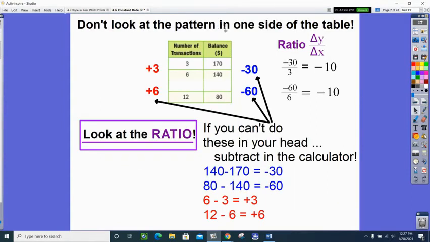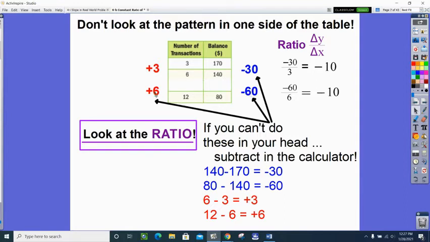Okay, so again, don't look at a pattern on the side because they could potentially take out and not have it go every 3 transactions. So the table could have looked like this. And in this case, notice you would have minus 30 and then minus 60. You go, oh, no, if I'm just looking there. But negative 30 divided by 3, remember that was negative 10. Now I'm talking 80 minus 140 would be negative 60.